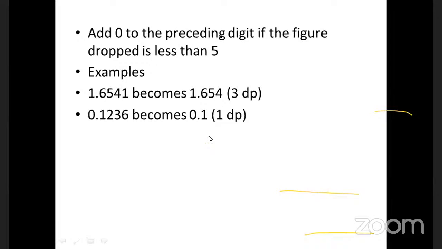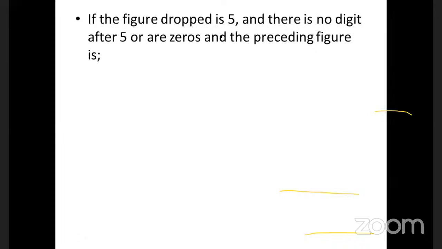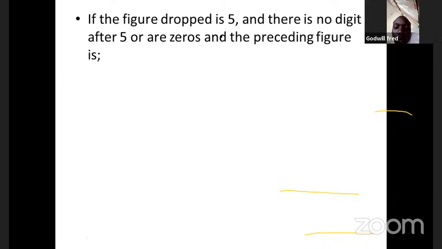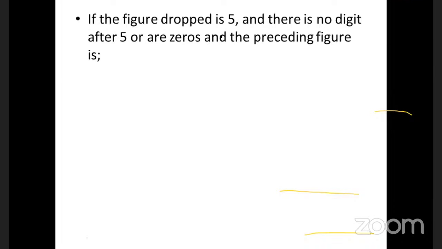These are the 2 common rules that we always see. These rules are only for numbers above 5 or below 5. The next rule is now with the case where we have 5.